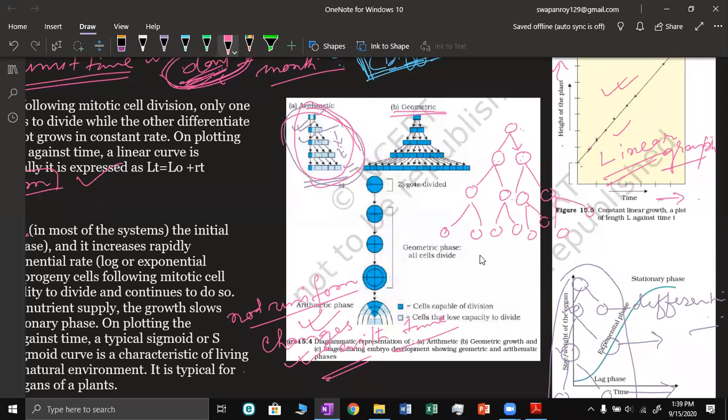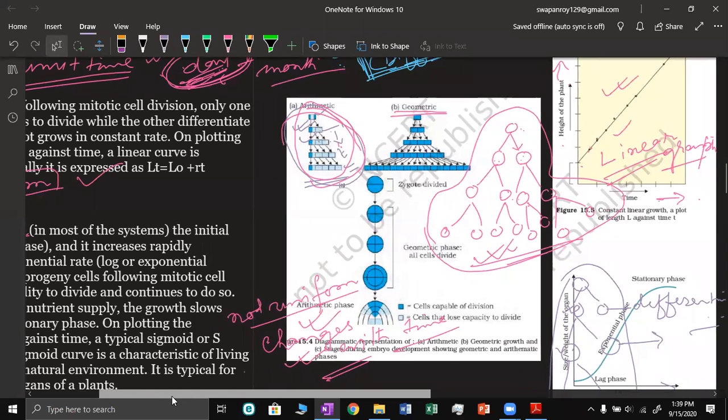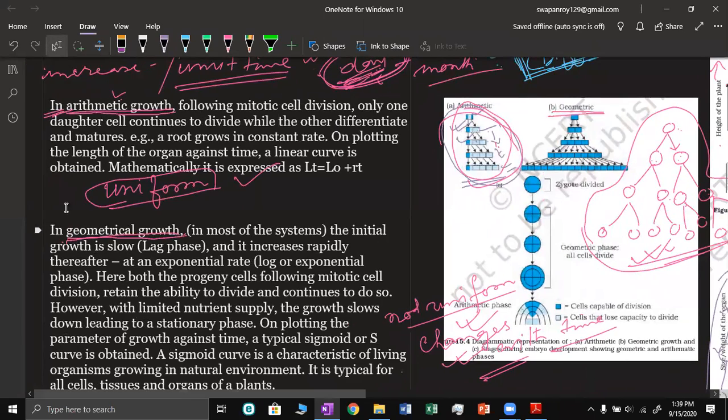Every time it is becoming double. So the rate of increase or the rate of growth is changing every time, and this is called geometric growth.